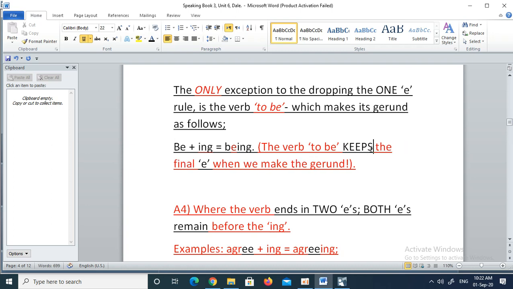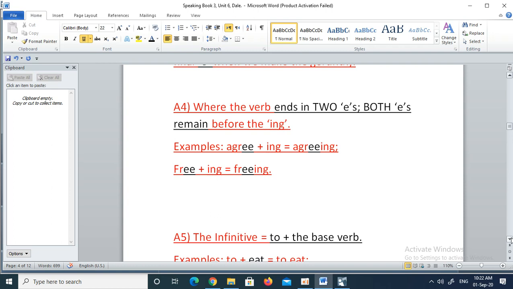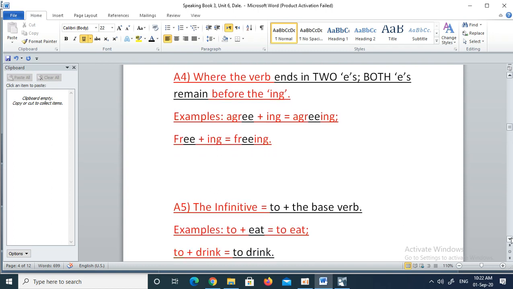So the verb to be has a gerund which is spelt with the E. Now, where the base form of the verb ends in two E's, both E's remain before the ing. Examples: agree plus ing goes to agreeing, and we keep the two E's.